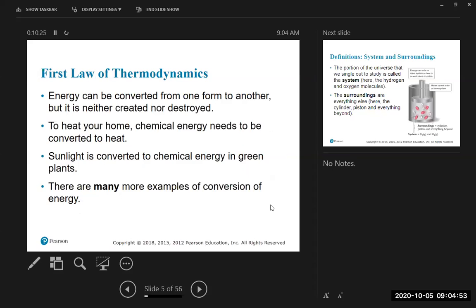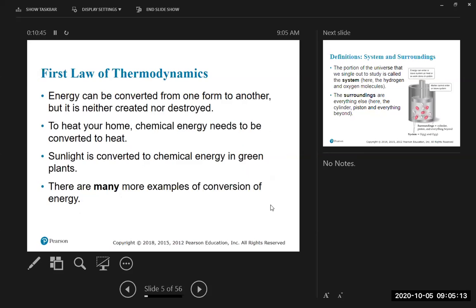So the first law of thermodynamics. And remember, we said early on that if something's a law, it's that way, it's right all the time. We've got math to back it up. We've got a lot of data to back it up. So it means we really have confidence that this is what's going on.